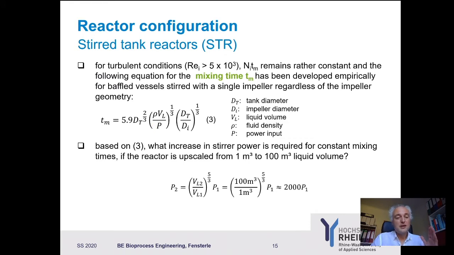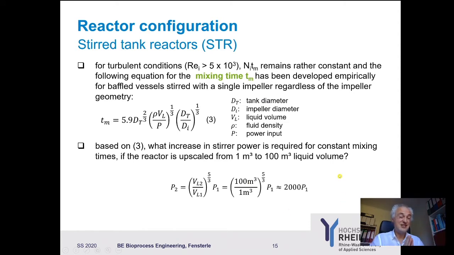And the point is, when I want to increase my volume, we have the volume here, what happens? If you look at what happens if I change from volume 1 to volume 2, for example, if I make a ratio and solve it to the power, and I put in a volume 1 of 1 and a relative volume of 100, you see that if I put that in this equation, the volume goes up by a factor of 100, and the power goes up by a factor of 2000.